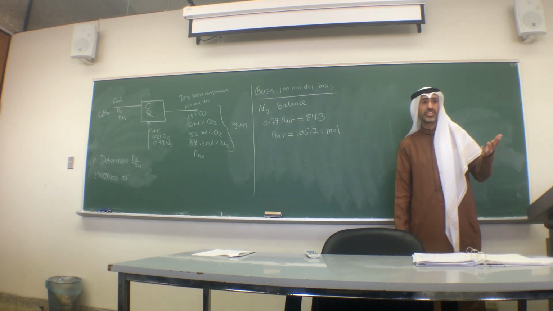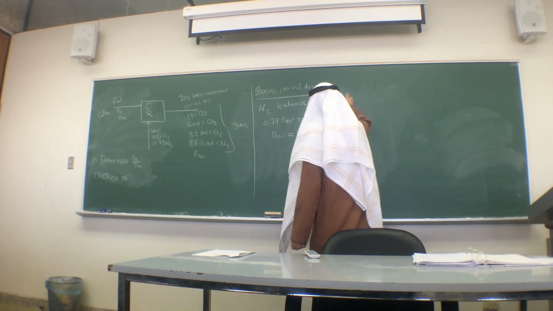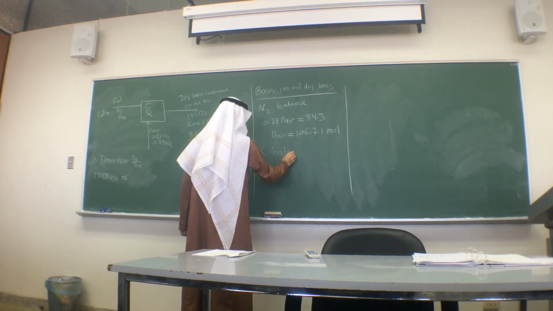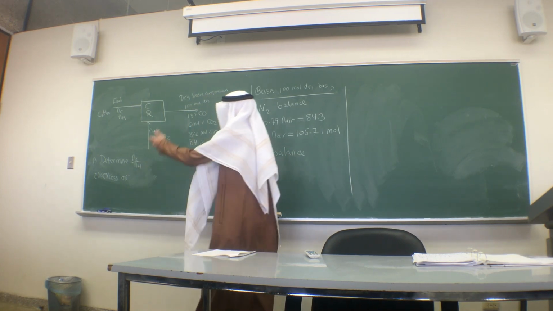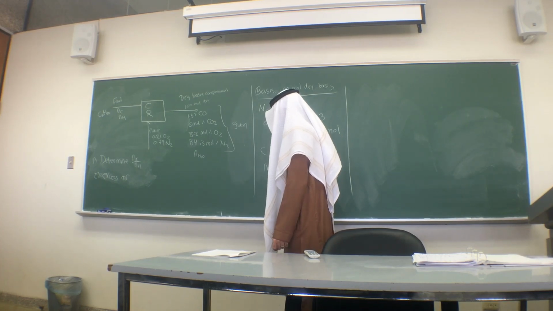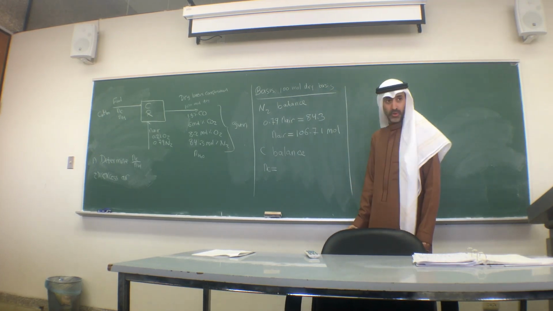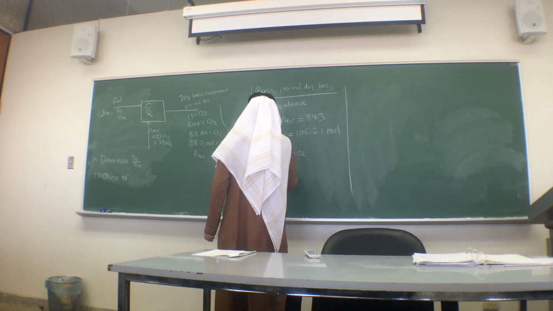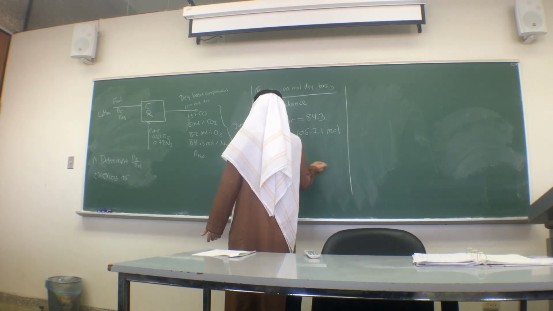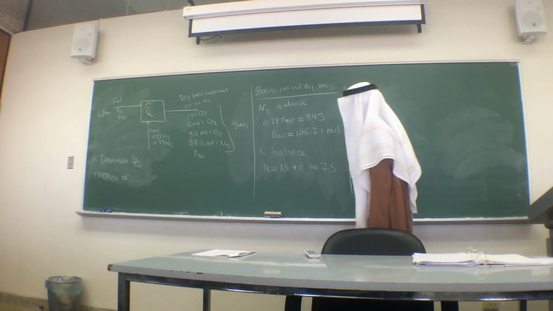So this is N air. Finished. Now, what do we have to do? We calculate the C balance. NC equals 1.5 plus 6, that's it, which equals 7.5.